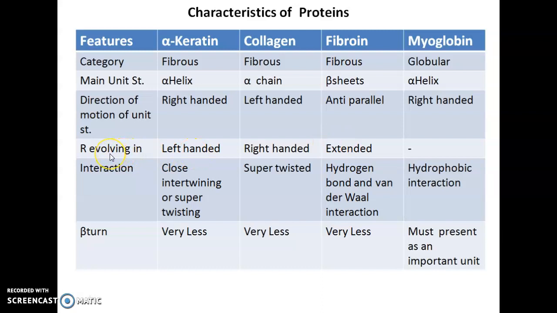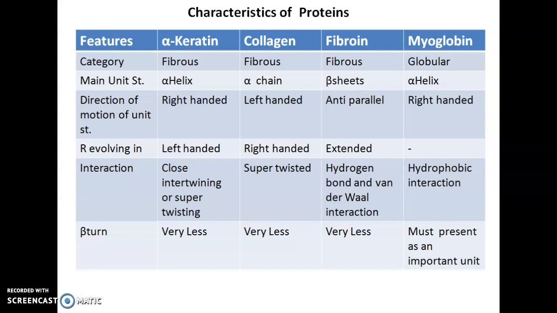But after combination of these alpha helices, the structure that forms is left-handed, while in collagen it is right-handed. The fibrin beta sheets are already in their extended form, so they cannot be stretched.